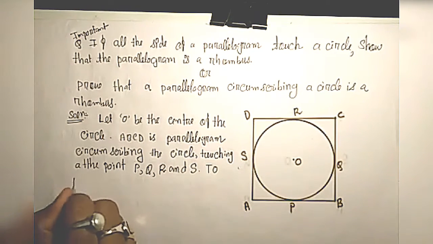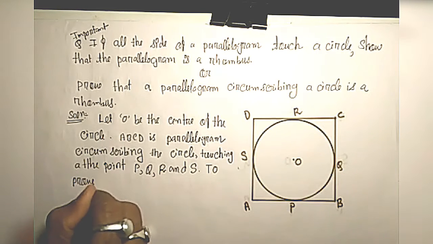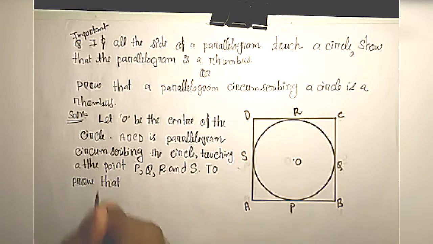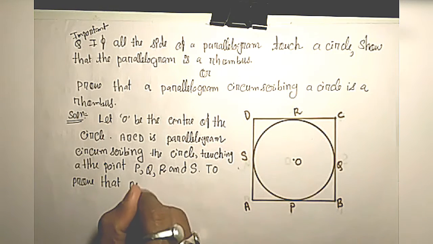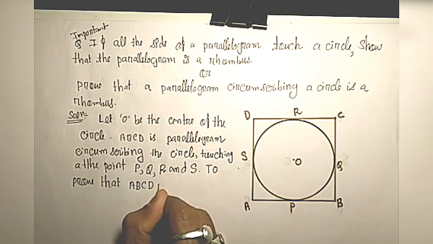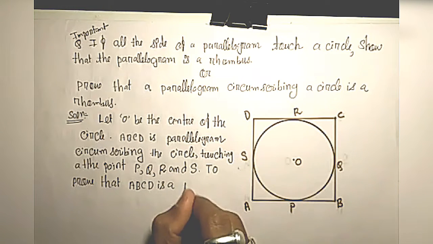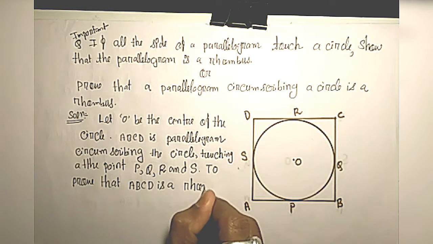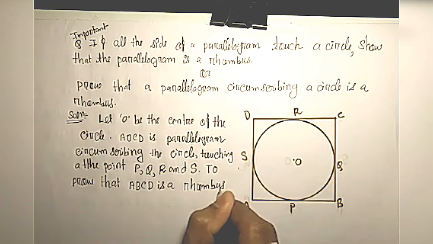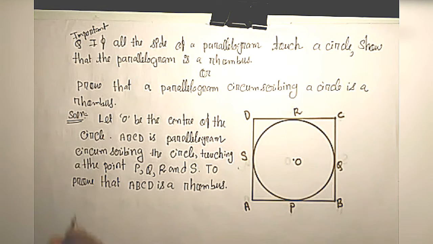To prove that ABCD is a rhombus. That means in this question we need to prove that the adjacent sides of the parallelogram are equal. When the adjacent sides of a parallelogram are equal, it becomes a rhombus. So we need to prove ABCD is a rhombus.